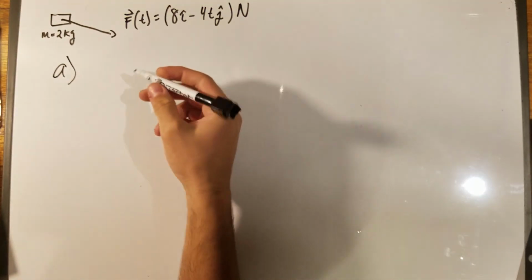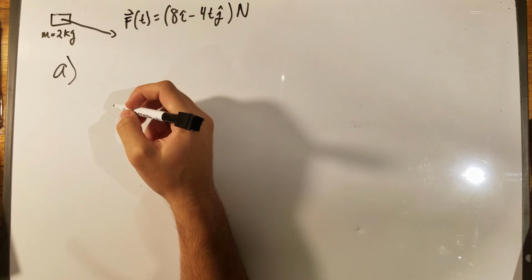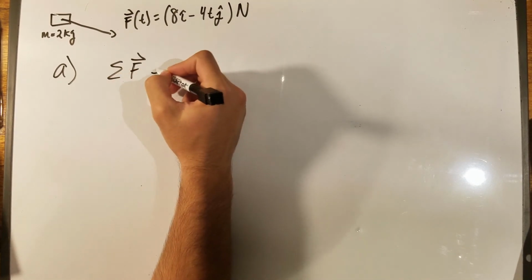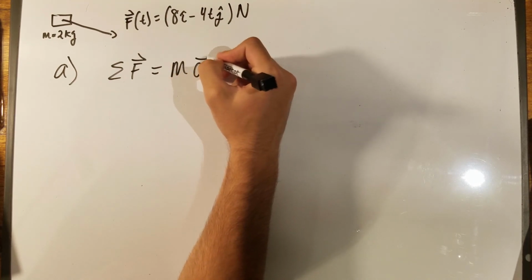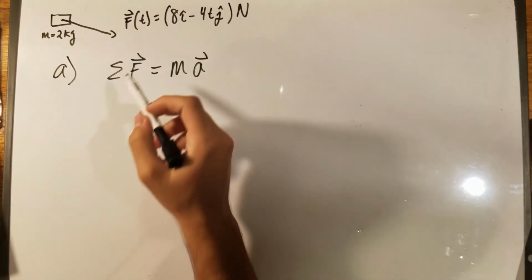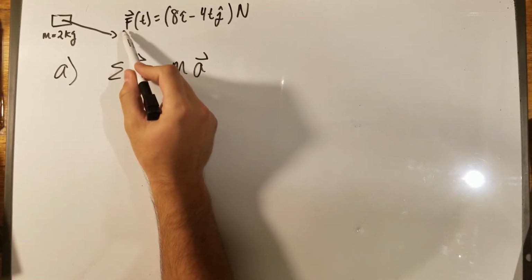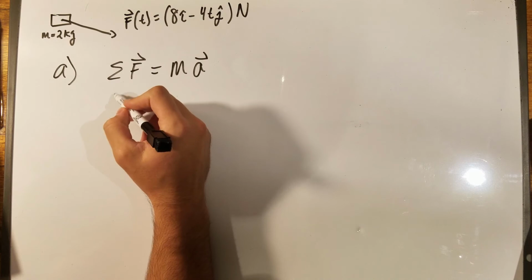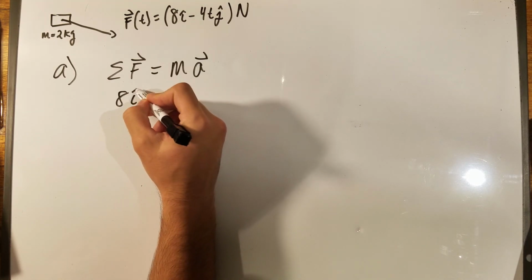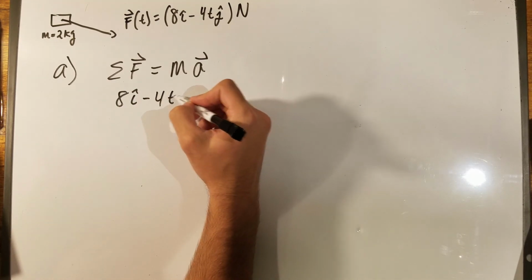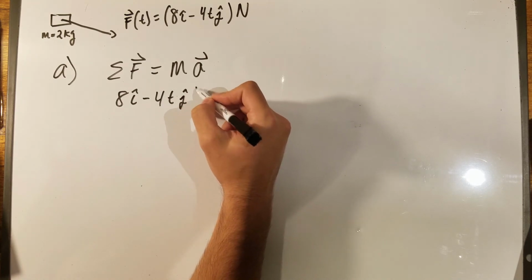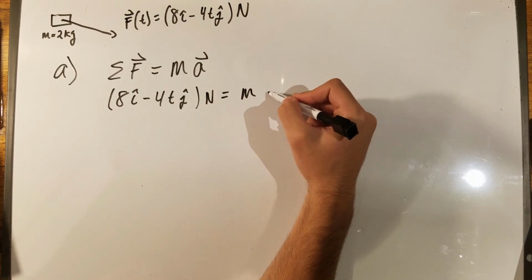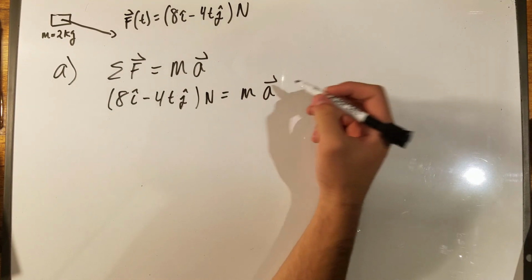Well, let's first say that the net force is equal to mass times acceleration, right? And we already know that the only force acting on it is the one that we've described. So 8i hat minus 4tj hat newtons is equal to m times the acceleration vector.